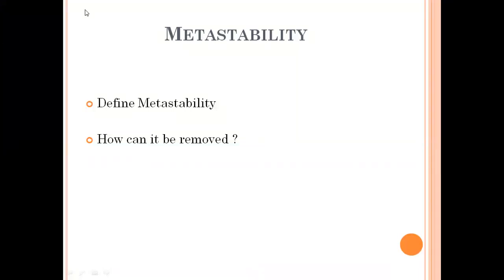So first, define metastability and how it can be removed. First we'll understand metastability. Metastability means it occurs in the case of a flip-flop or a sequential circuit. When a flip-flop's setup or hold times are violated, the flip-flop's output is unpredictable.